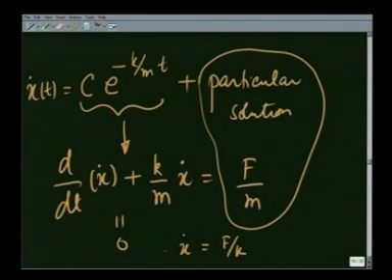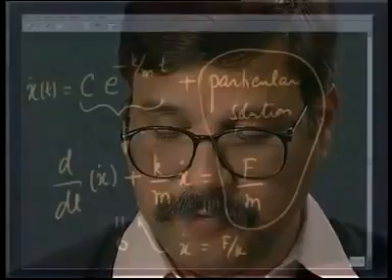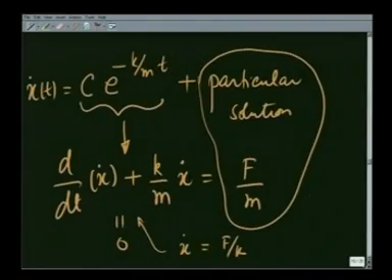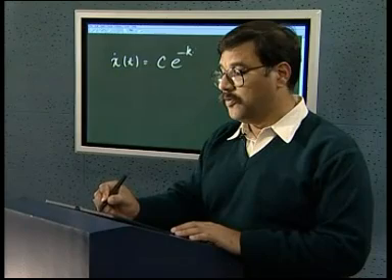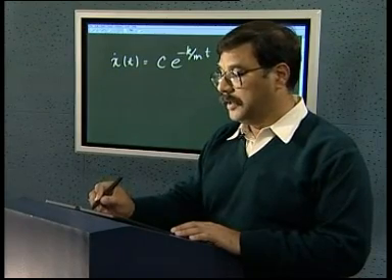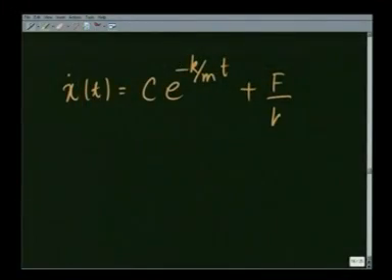I substitute this here and I get on the right hand side F over m, and therefore my general solution for x dot is going to be x dot of t is equal to c e raised to minus k over m t plus F over k.